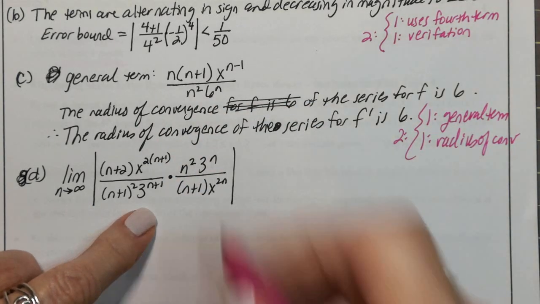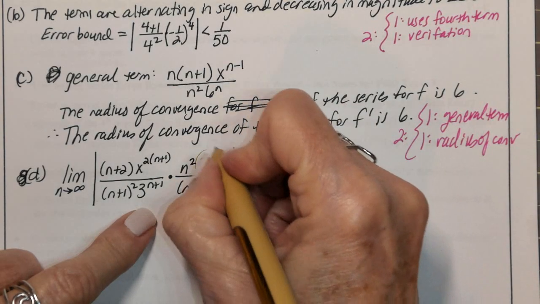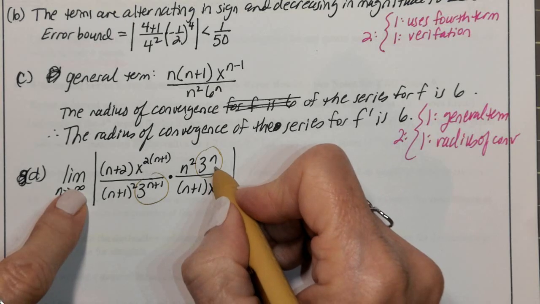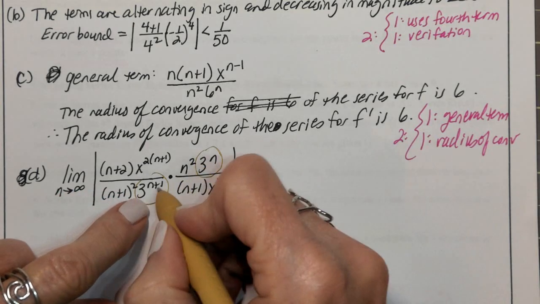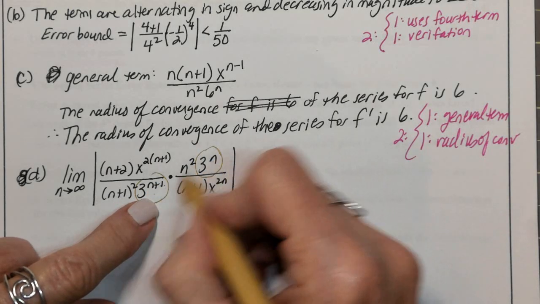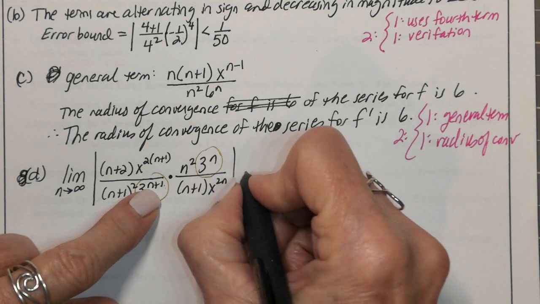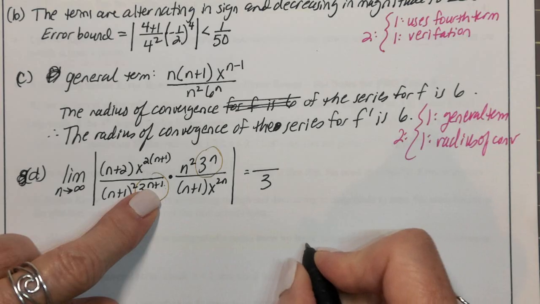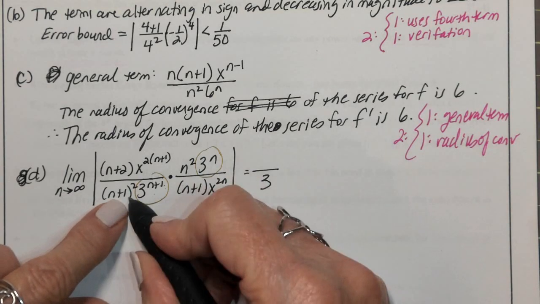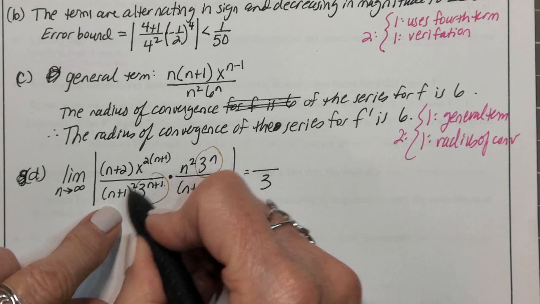Okay, if you remember, back when we did this the first time, when you're taking this limit, I wouldn't be writing this on my test, but as n goes to infinity, this is 3 to the first times 3 to the n. The 3 to the n's cancel, you're left with 3 to the first. So there's going to be a 3 on the bottom. But for the n's, n squared on top, what I see here is an n squared on the bottom.